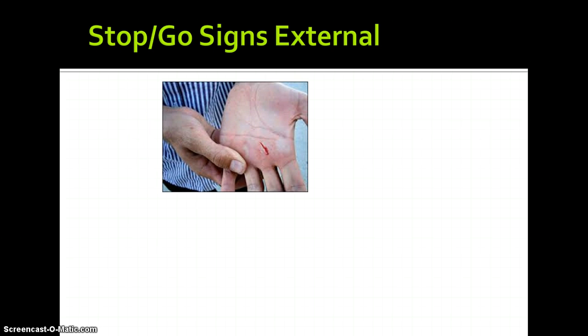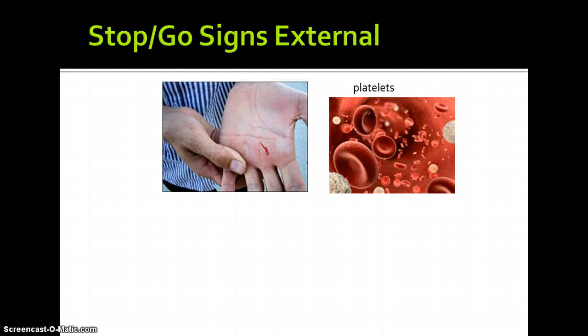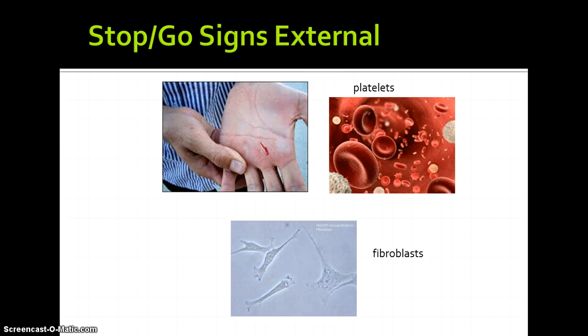And when an injury occurs, platelets, which are blood cells that are important for blood clotting, release PDGF, and fibroblasts are connective tissue that possess PDGF receptors on their plasma membranes. So when the PDGF binds to these receptors, that activates a pathway that leads to the production of fibroblasts and a healing of the wound.